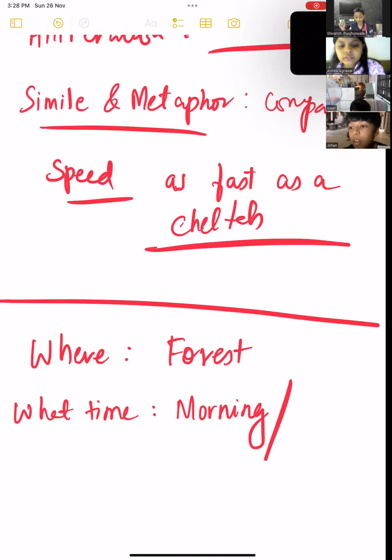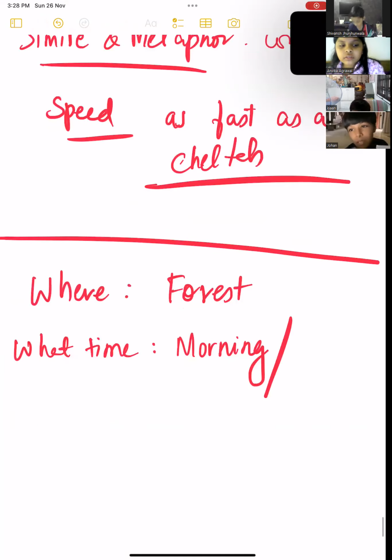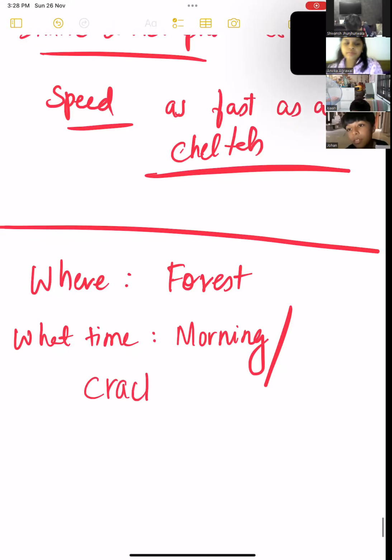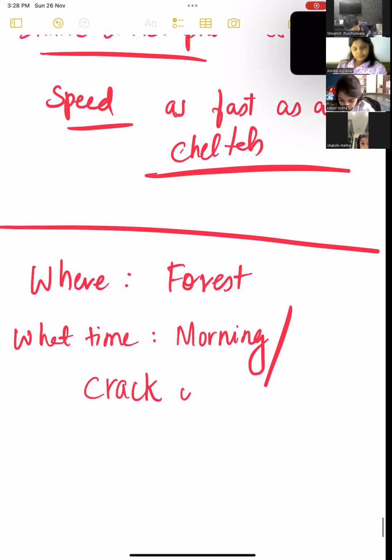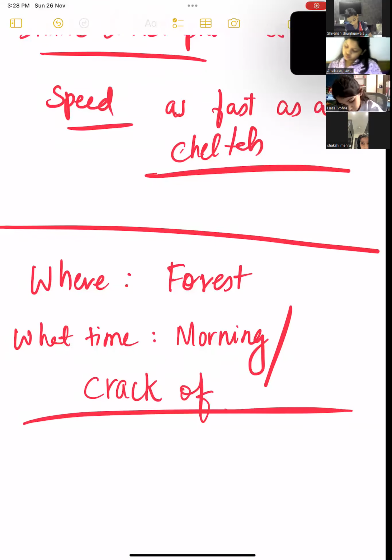Have you heard this phrase, crack of something? Crack of dawn. Okay. So this is how you can make your sentences interesting.